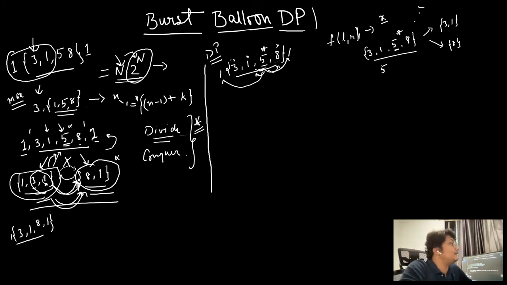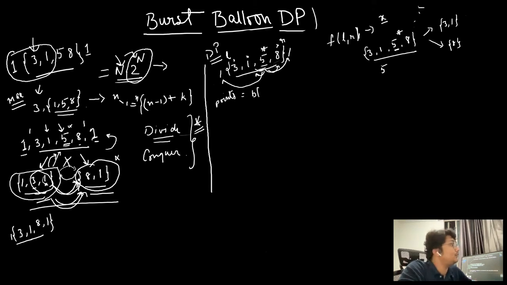So let's say we were trying to solve this problem for this range where this is left and this is right. So now if you see that for the 5 element, what are we trying to multiply? So points is equal to, let's call this array B for balloon.